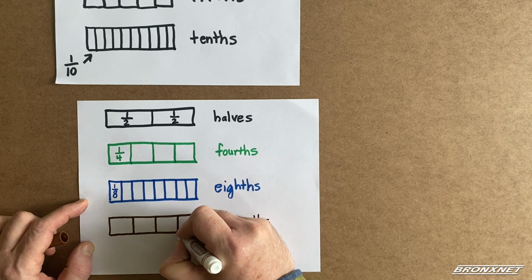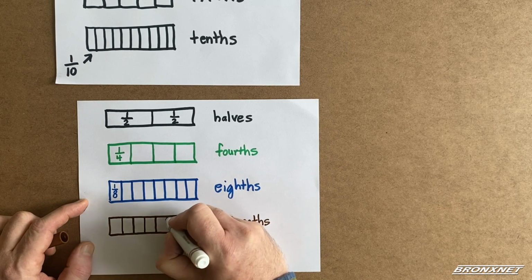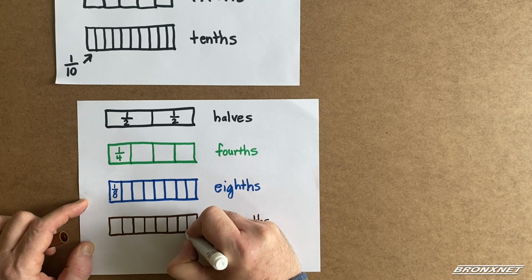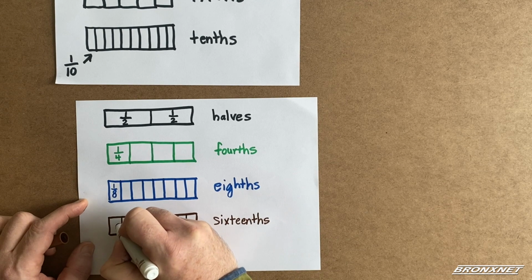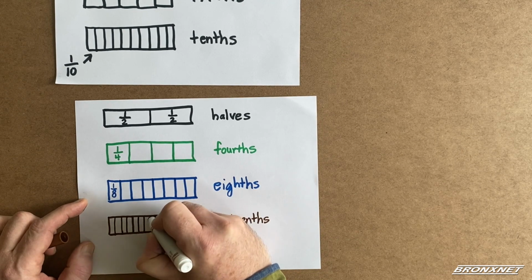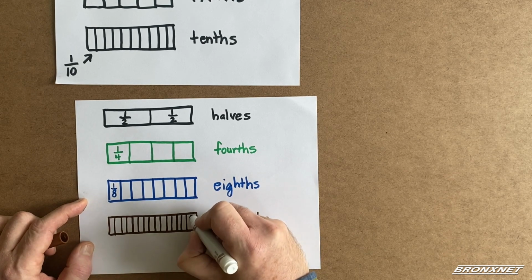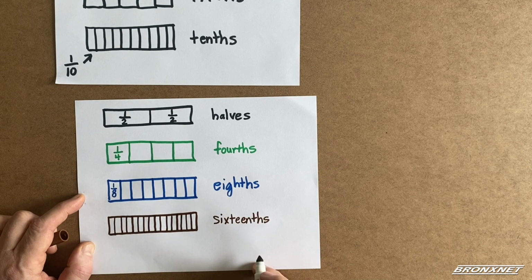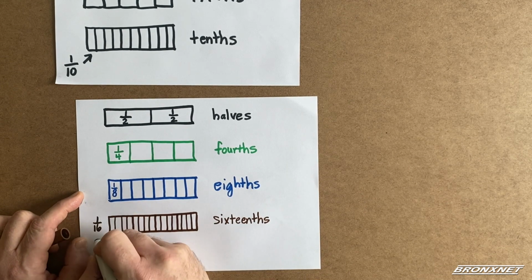First I make fourths, then eighths. And now each of these 8 equal pieces, I'm going to cut in half. And I have 16 16ths. Each one is 1/16.